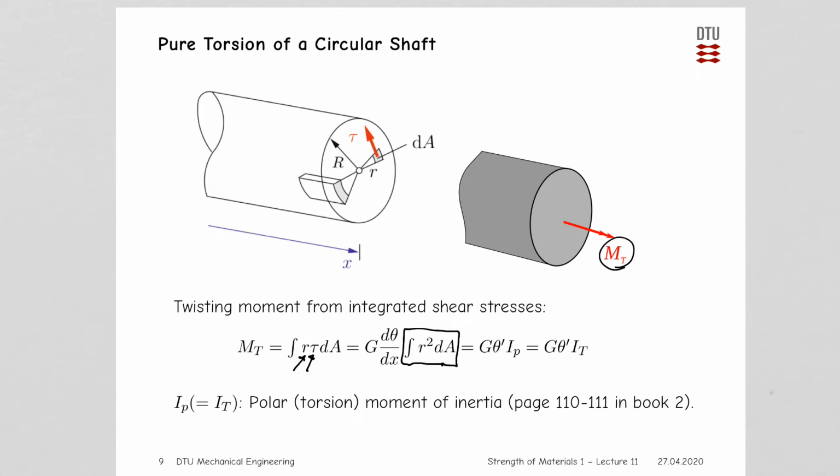And we call this integral the polar moment of inertia, or the torsional moment of inertia. When we want to look it up, we can use the same table as for the other moments of inertia. So look for the IP or IT moment of inertia that we use with torsion here.